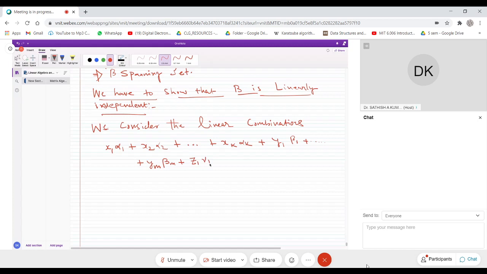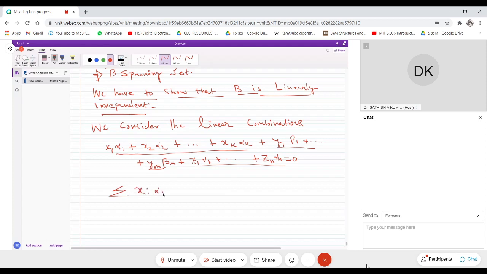So we first consider the linear combination. Instead of writing x1 alpha 1, x2 alpha 2, etc., let us give a simpler notation, using summation, because these are sums.